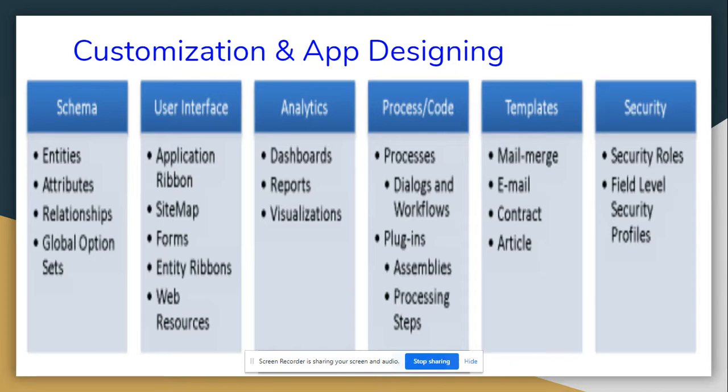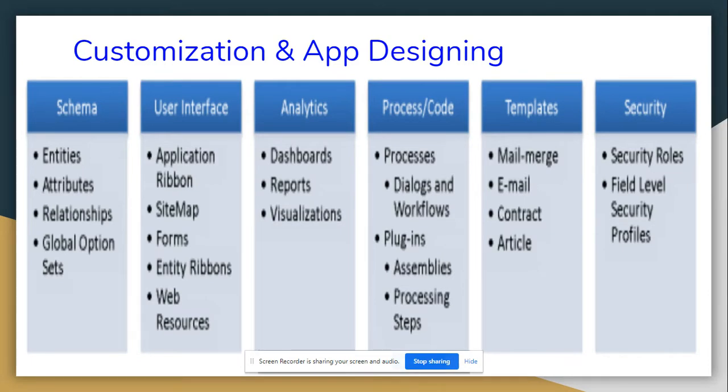And every plugin has an assembly. We have one assembly itself, but a number of steps for that particular assembly. Those processing steps are messages like create, update, delete, retrieve, retrieve multiple.